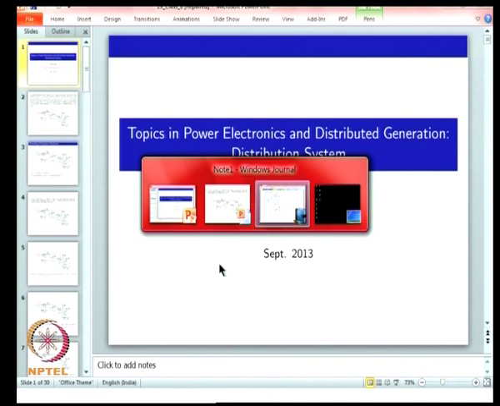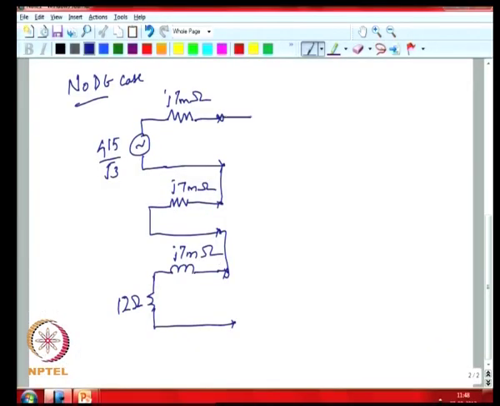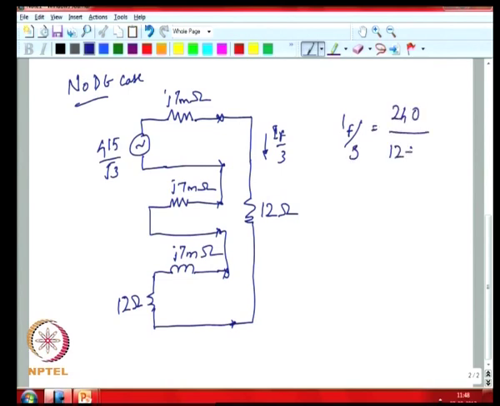So, you could calculate your fault current. We are neglecting the 7 milliohms, which is much lesser than the 12 ohms. So, you have a fault current of about 30 amps.